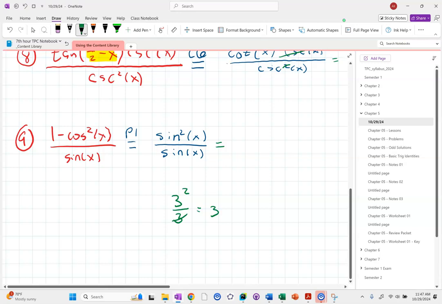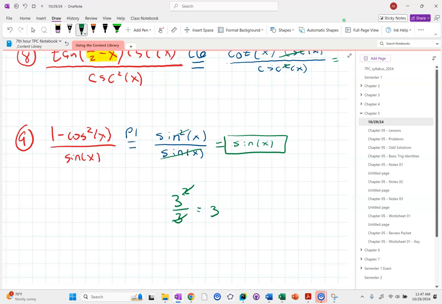So what happened here? We did one of those guys, right? So look at what we have. You times it by sine x. We do the exact same kind of reducing, and we're left with just sine x. You see the similarity in the two?